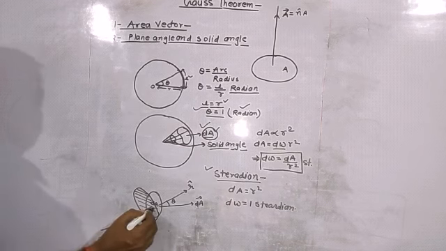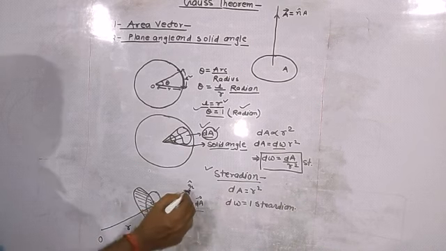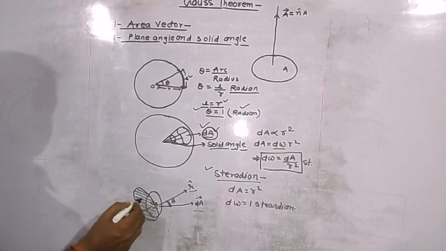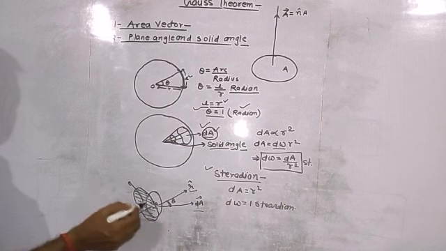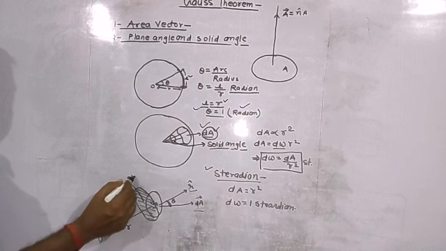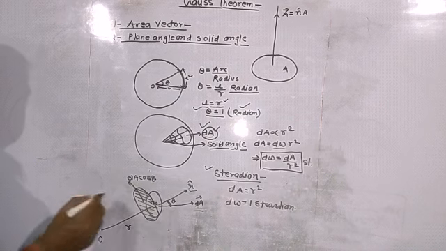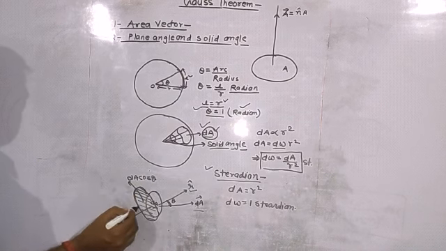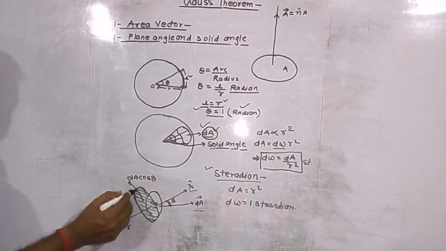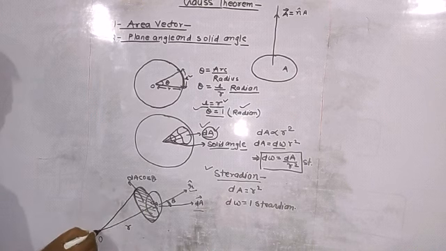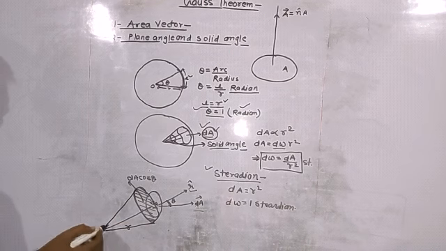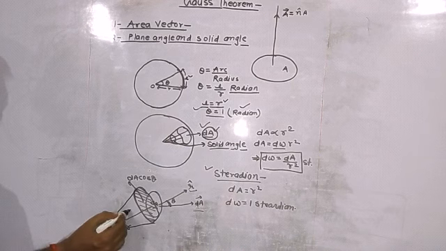Now since the vector dA and r have angle theta, the surface projection of dA will have the value dA cos theta. This projection, dA cos theta, will make again some angle at the center O. Now this angle is called again solid angle d omega.